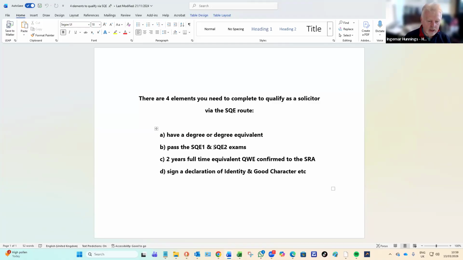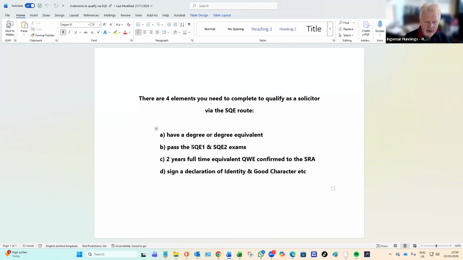Now, the only people who can apply for an exemption from the SQE2 exam are people who are already qualified as lawyers. Okay, so it'd be US attorneys. And I'll talk more in detail about that in just a moment and how you do that. The SRA seem to be unwilling, and I understand why, to grant exemption from both of the exams.